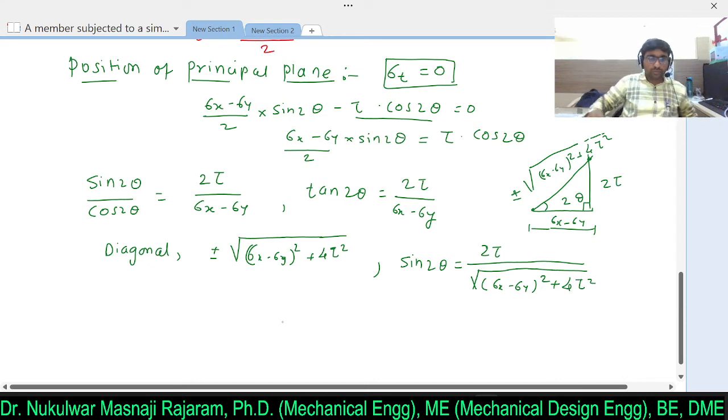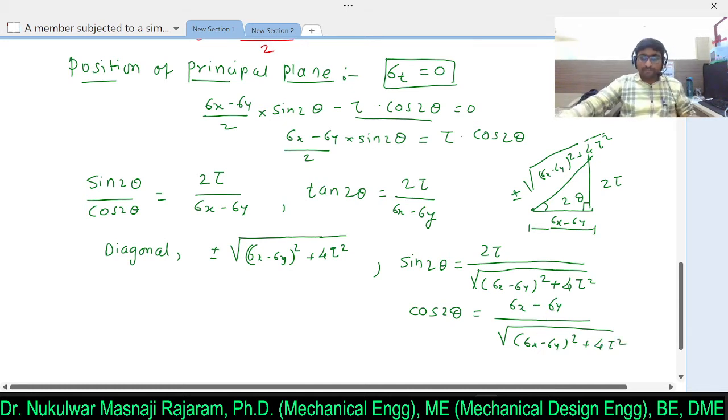Similarly, cos of 2 theta is equal to the adjacent side, that is sigma x minus sigma y, divided by under root of (sigma x minus sigma y) square plus 4 tau square.